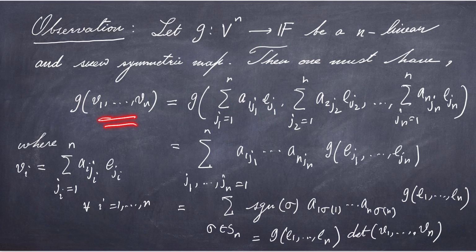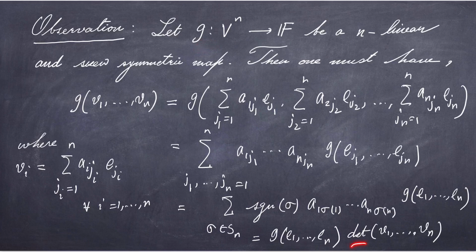Like earlier, we have seen that n-linearity and skew-symmetry lead us to this point, that g of v1, v2, ..., vn must be this together with g of u1 to un. Remember, this term is independent of sigma, hence we can take it out, and once we take it out, what is left is the value of the determinant at the tuple v1, v2, ..., vn relative to the basis u1 to un.